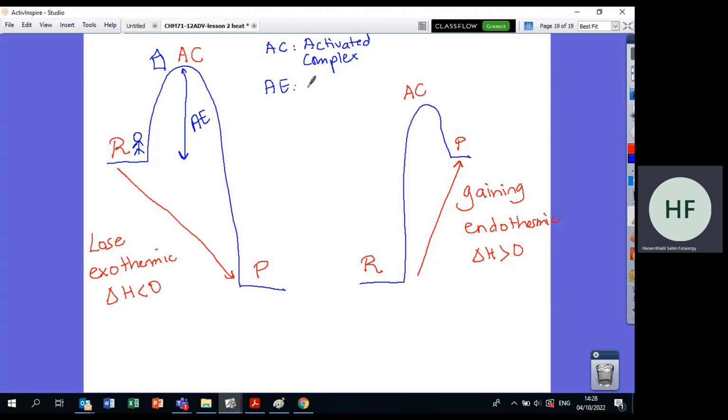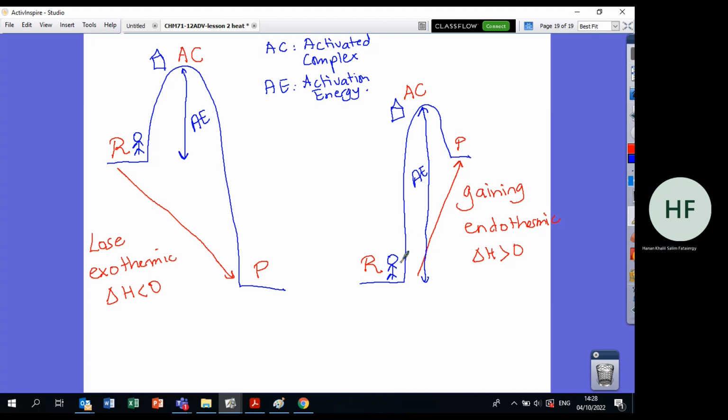Okay, AE is activation energy. Here the activation energy, you are here and this is your house. The activation energy is all this distance. So this is called AE.